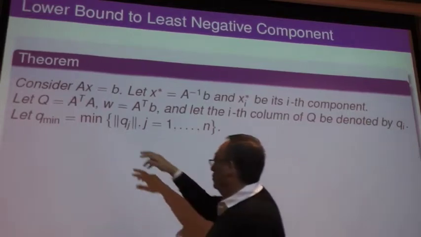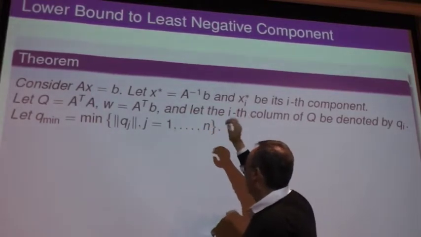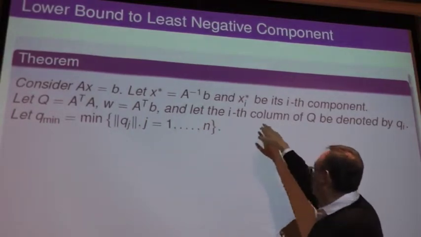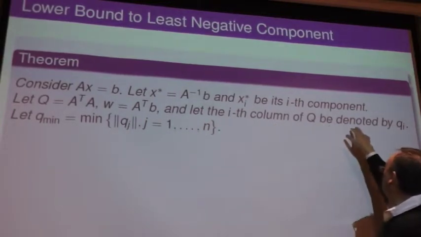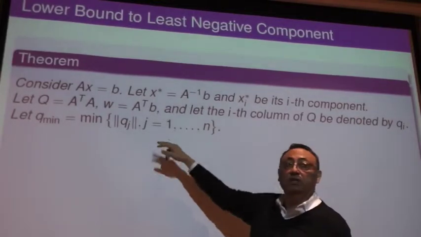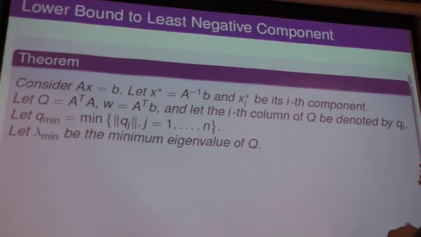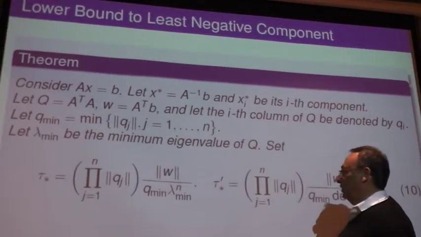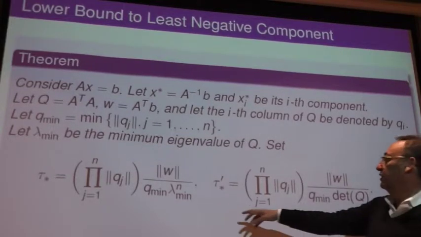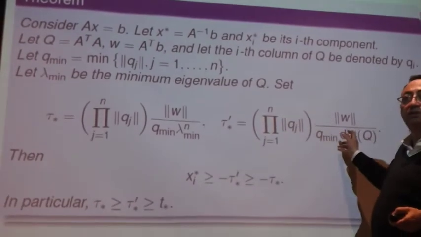If I let Q be this matrix, symmetric, positive definite, A is invertible here, and W to be here, and let the ith column of Q be denoted by little q sub i, and pick the minimum of these, and lambda min is the minimum eigenvalue of Q, then I can show that xi is bigger than or equal to these.